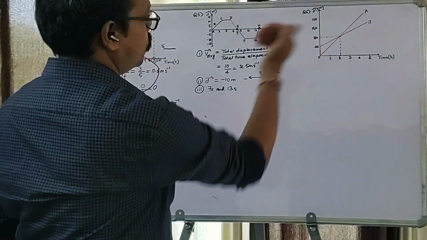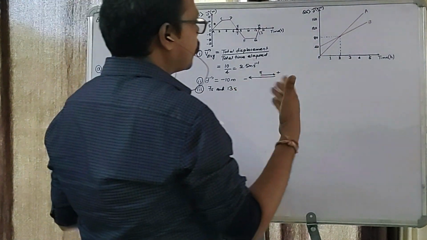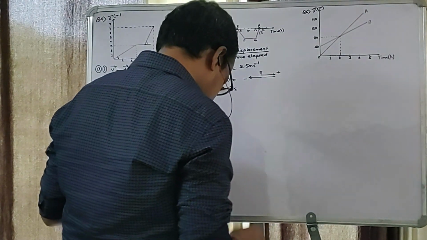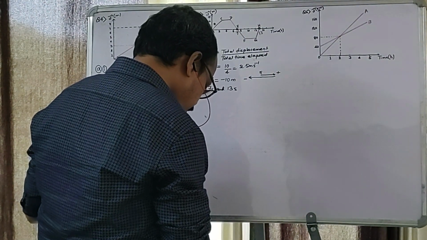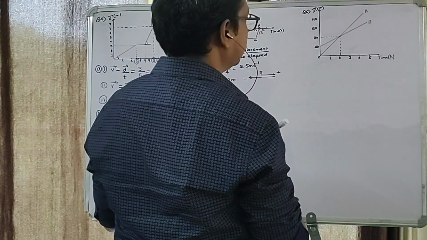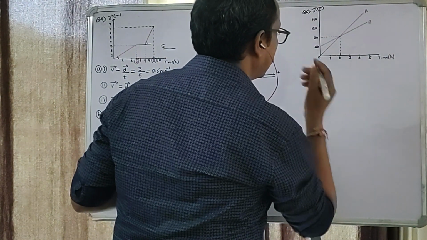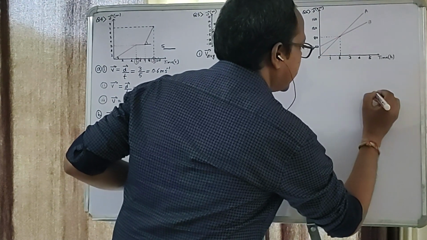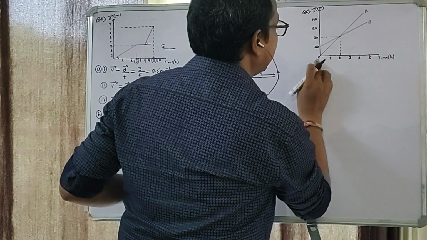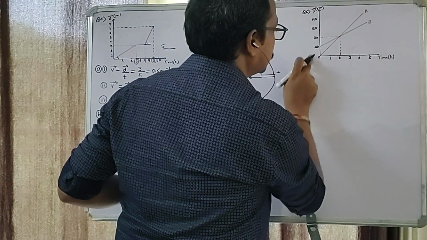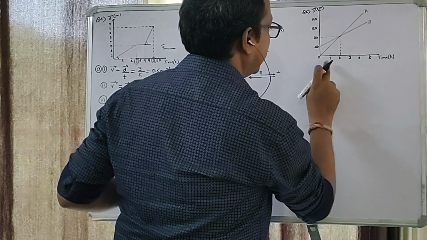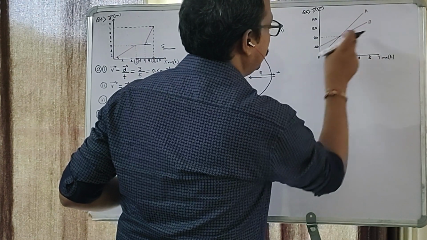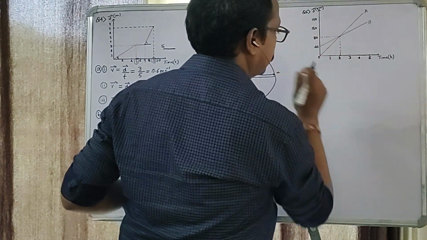So from this, what can we say about the position of car A and car B? At the beginning of the time, car A was at 0 position and car B was at 40 kilometers.